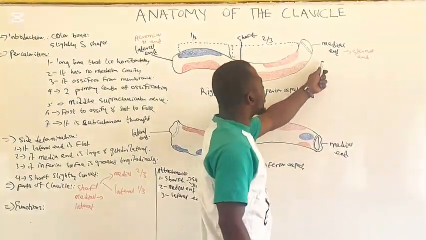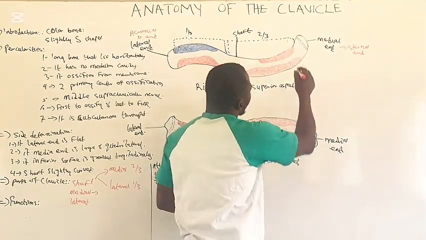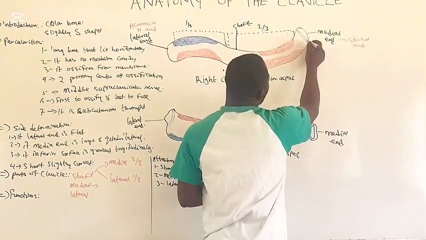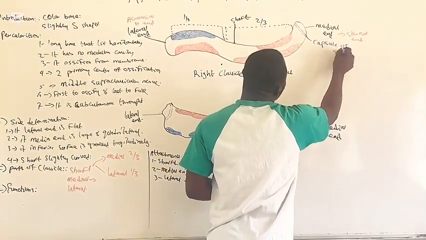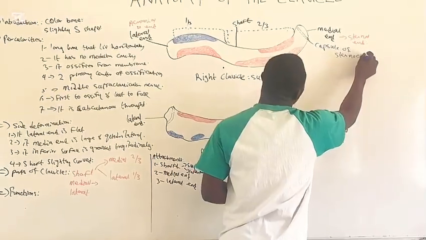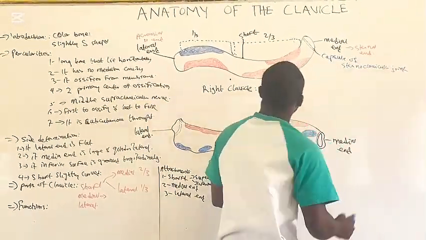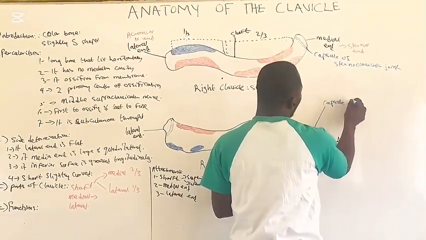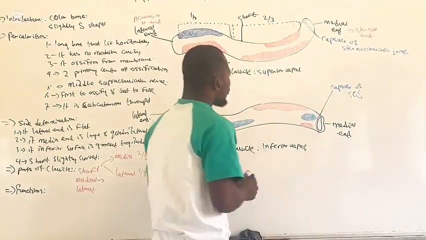The attachment on the medial end or the sternal end is the capsule of the sternoclavicular joint.